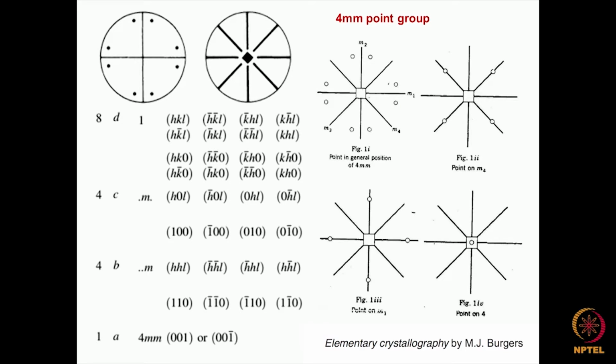For example, if I put one motif at the center, that has 4-fold symmetry, so I do not require 4 motifs to represent it; only one at the center is good enough. That is what is being explained here, like the way I explained earlier for the 2-dimensional lattice.